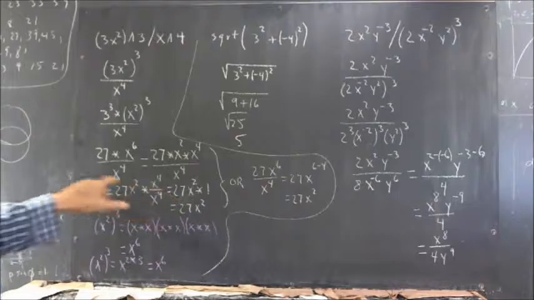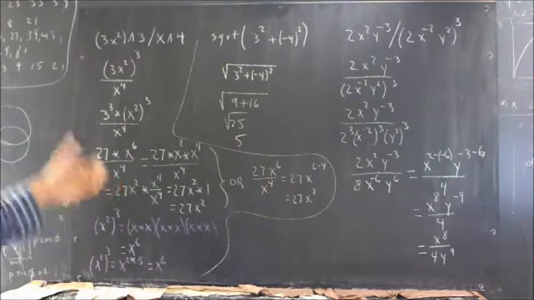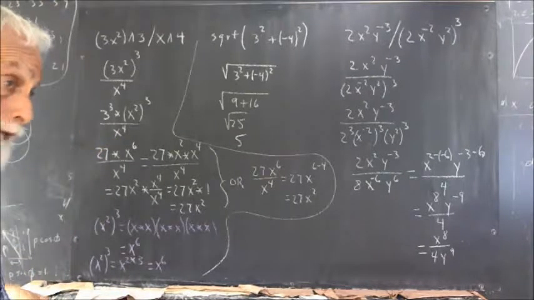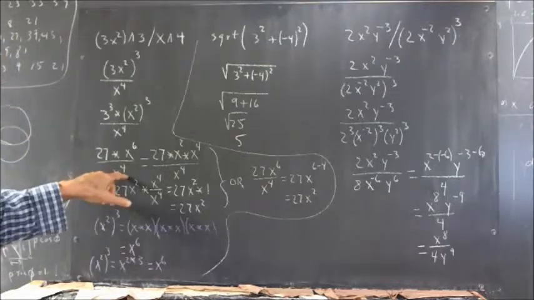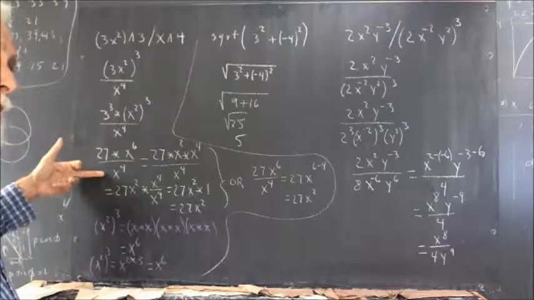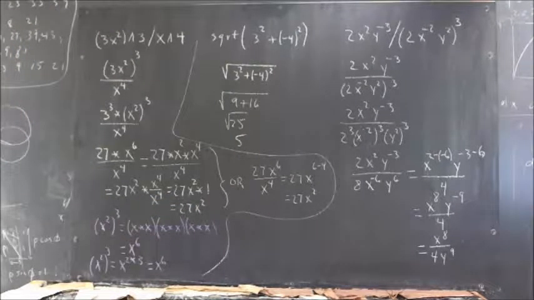So here, where we factored out the x to the 4th and divided here to get x squared, we could do that every time. Sometimes you've got a higher exponent in the denominator than you've got in the numerator, but then you're going to have to factor out the denominator, and the numerator will divide out, leaving you a power in the denominator. Okay, there's nothing too mysterious about any of these rules.